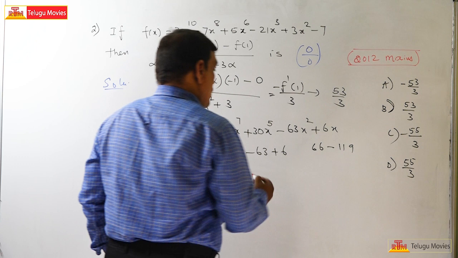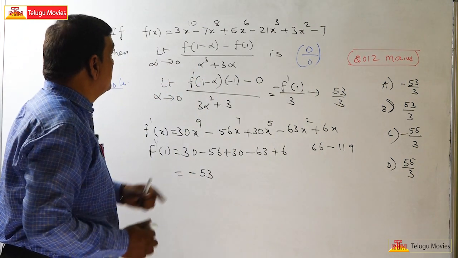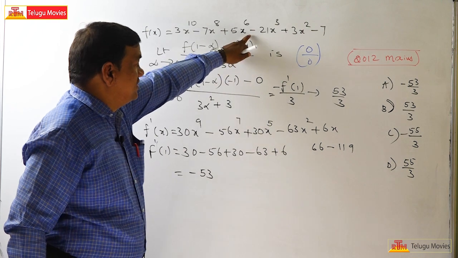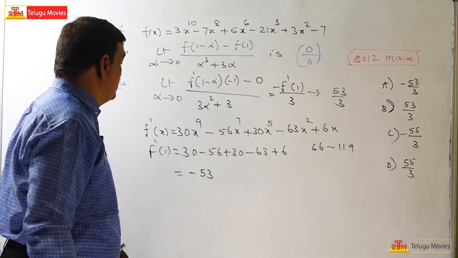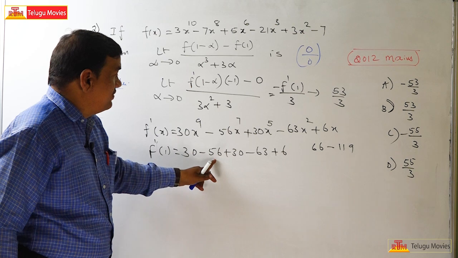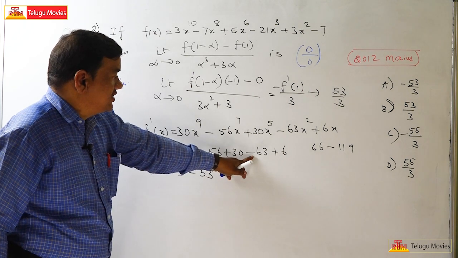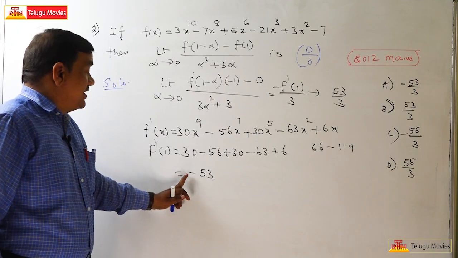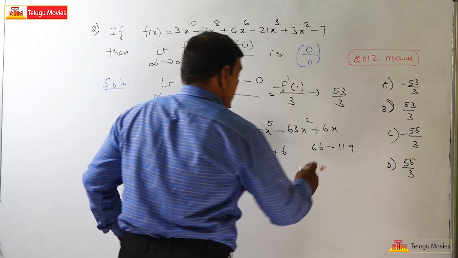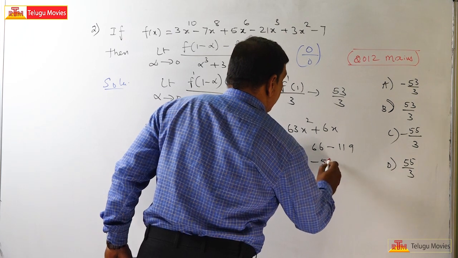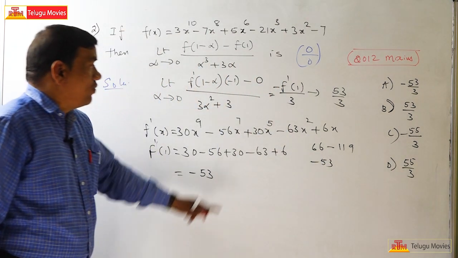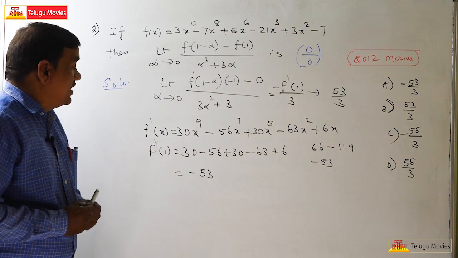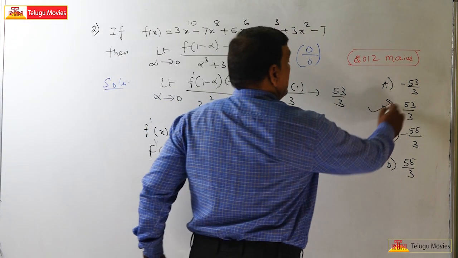If you see this calculation, 7 8s are 56 x power 7, 5 6 are 30, minus 63 x square plus 6x. So 30 minus 56 plus 30 minus 63, last one 6. Yes, we are getting minus 53. So this is the calculation. So minus of minus 53 plus 53 by 3, then we will get the answer. Option B will be the correct answer.